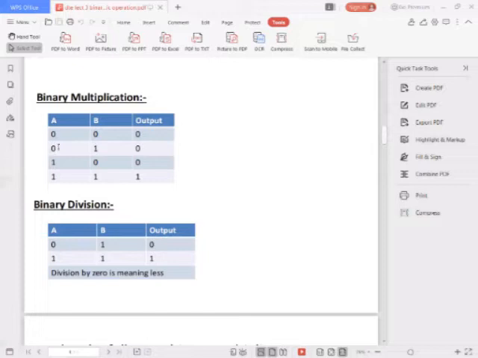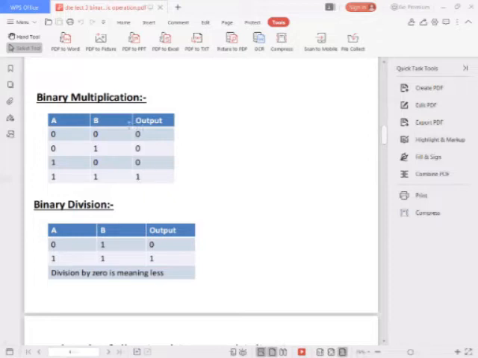In case number 2, A is equal to 0 and B is equal to 1, that is 0 multiplied with 1 is equal to 0. In case number 3, A is equal to 1, B is equal to 0, that is 1 into 0 is equal to 0. In the last case, A is equal to 1 and B is also equal to 1, that is 1 into 1 is equal to 1.